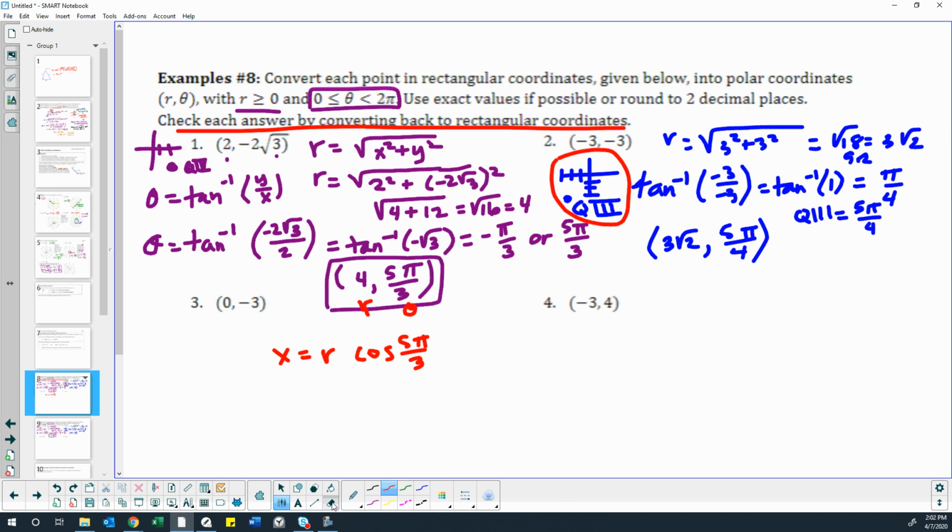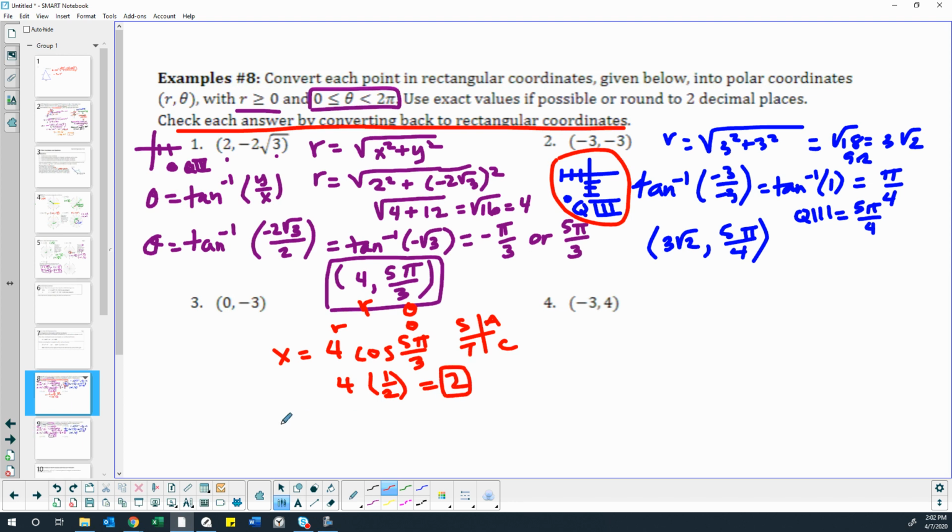So, do you see how I'm using the other formulas this time to go backwards? So 4 cosine 5 pi thirds, because this is r and this is theta. So that would be 4 times the cosine of 5 pi thirds. What is the cosine of 5 pi thirds? That would be the fourth quadrant, so it's positive, and cosine of pi thirds reference angle is 1/2. And half of 4 is 2.